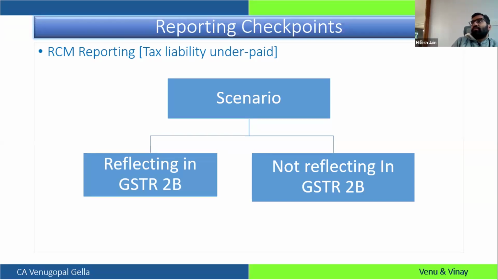Now, why am I saying this? This is because recently, if you have gone through the circulars, circular number 211 came into effect, whereby it was decided that for RCM, for ITC from an unregistered person, the time limit to claim such ITC under section 16 subsection 4 will be counted from the date such self invoice is generated.